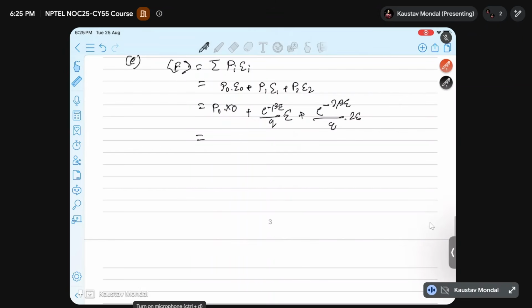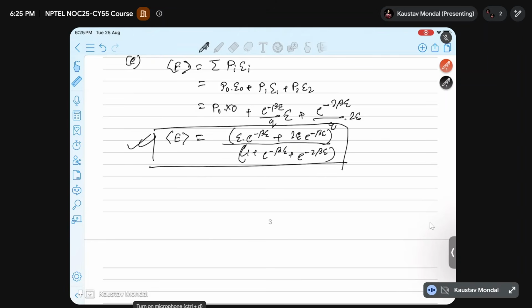So from here, if you calculate it, Q we know is 1 plus e to the power minus beta E plus e to the power minus 2 beta E. In the numerator, you get E into e to the power minus beta E plus 2E into e to the power minus 2 beta E. This is the average energy.